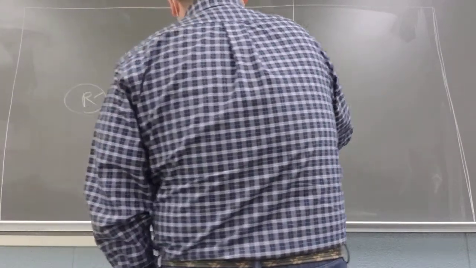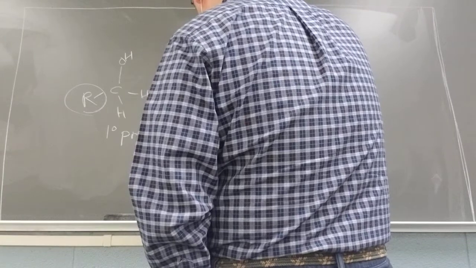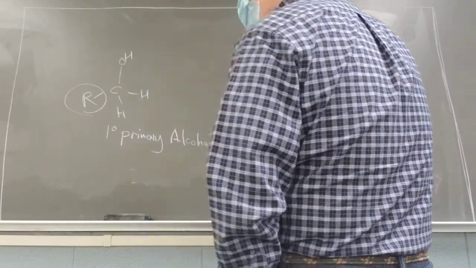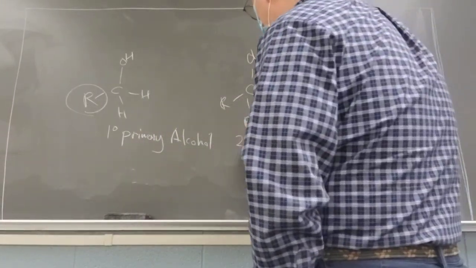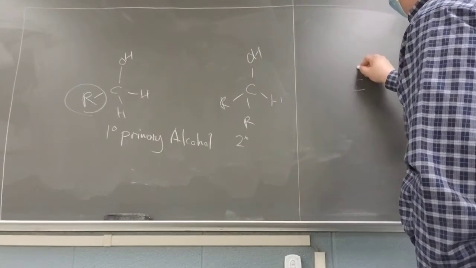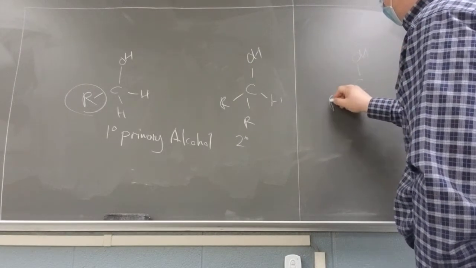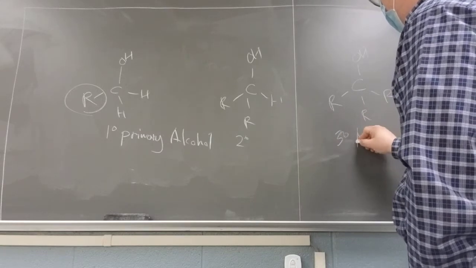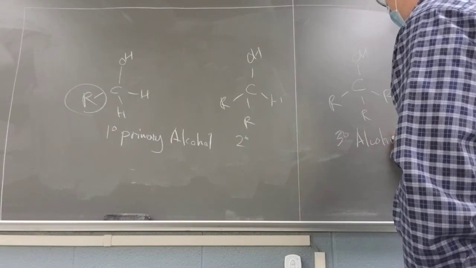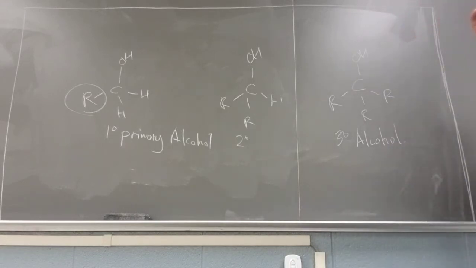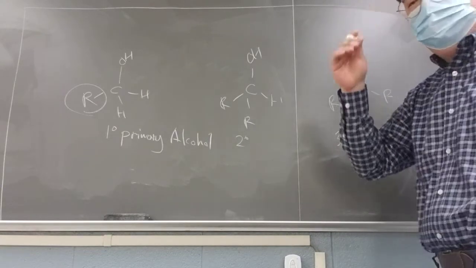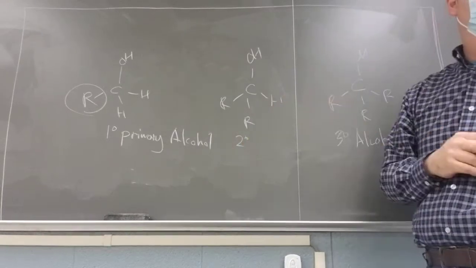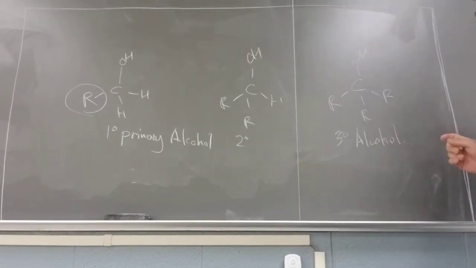If there are 2, obviously this will become a secondary alcohol. If you have 3 R groups on it, that makes a tertiary alcohol. So this makes sense, right? This is one thing before we move on to the nomenclature. Okay, real quick, 1, 2, 3.